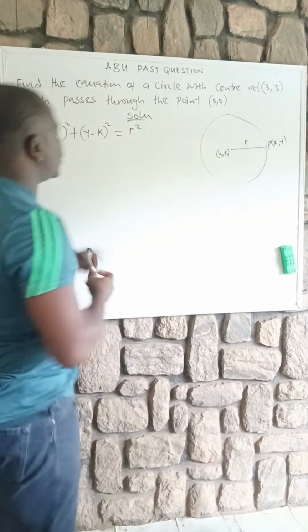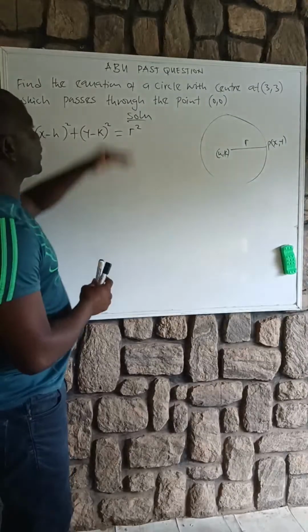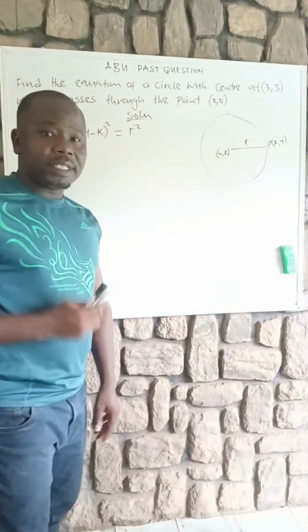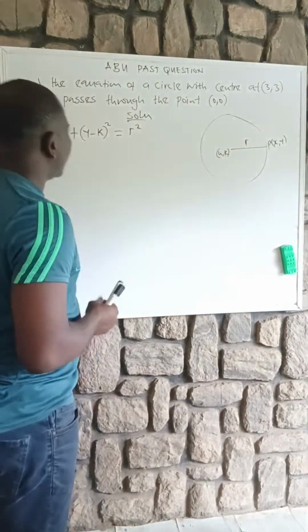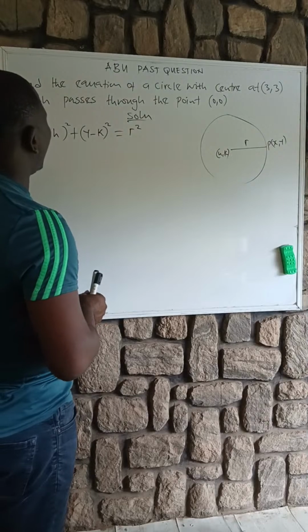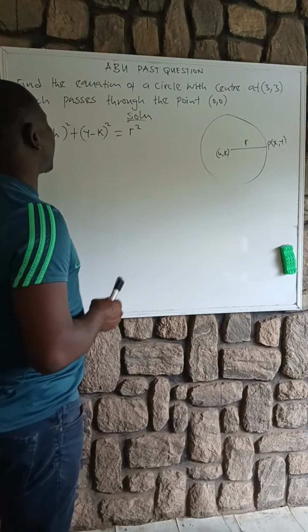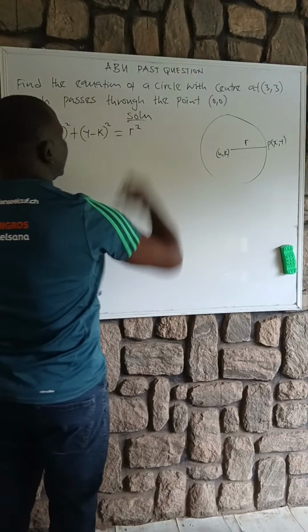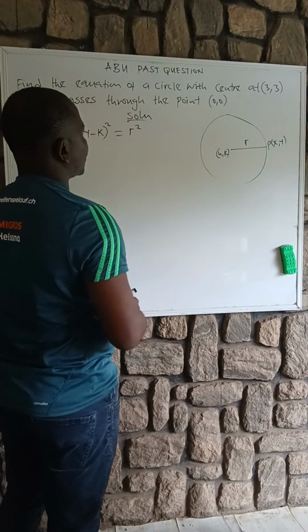This is what you should use in calculating, as long as you want to obtain the equation of the circle. Is that clear? So now what we need to do is substitute in the values.